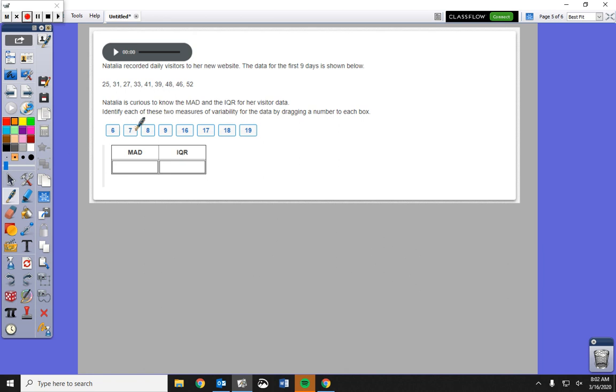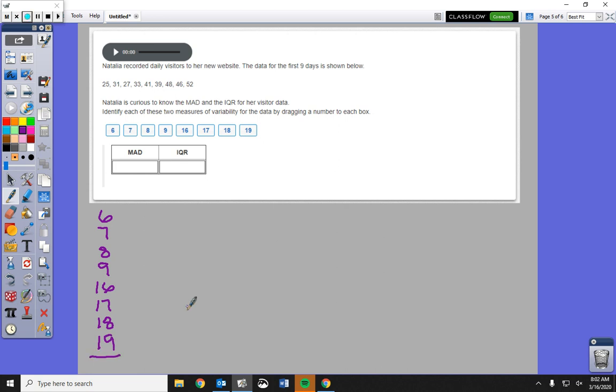Let's try to combine these. Actually, I need to write these down anyways. I'm going to put them in order from least to greatest because I'm going to eventually have to do that. Oh, look at that, they did it for us. So I'm going to go 6, 7, 8, 9, 16, 17, 18, and 19.